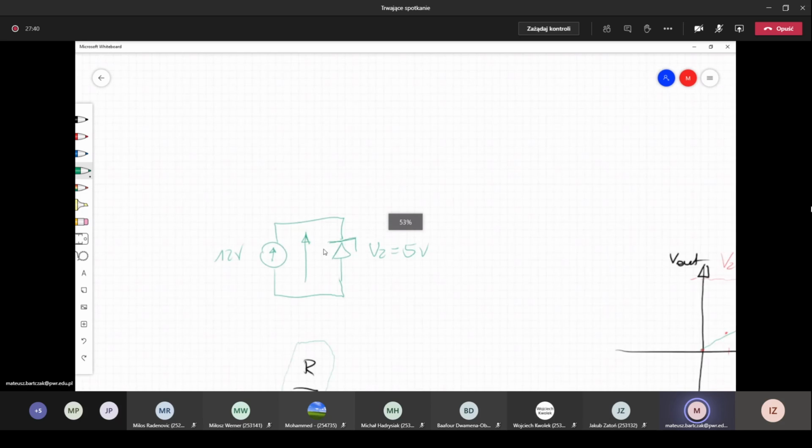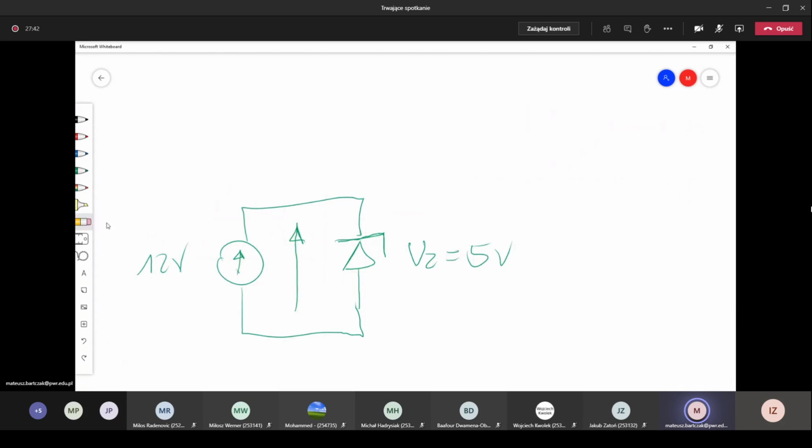In the real situation, this Zener diode has some internal series resistance. So this is the Zener diode, and this resistor is inside of the diode.